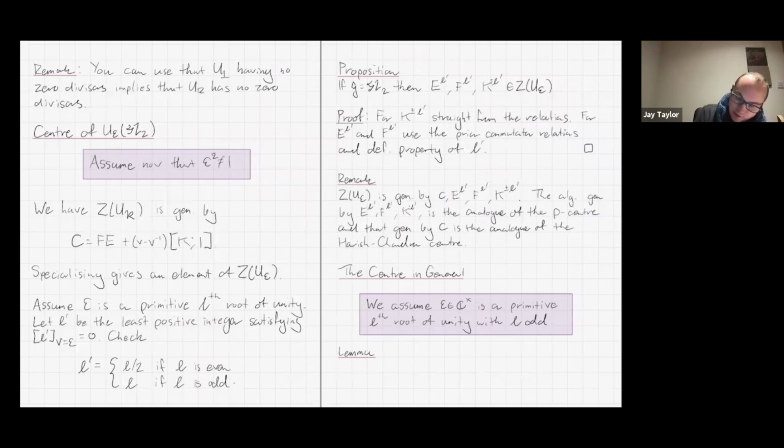Okay, so maybe just the first thing to say is that the complete analogy of what we had before for SL2 holds in general.